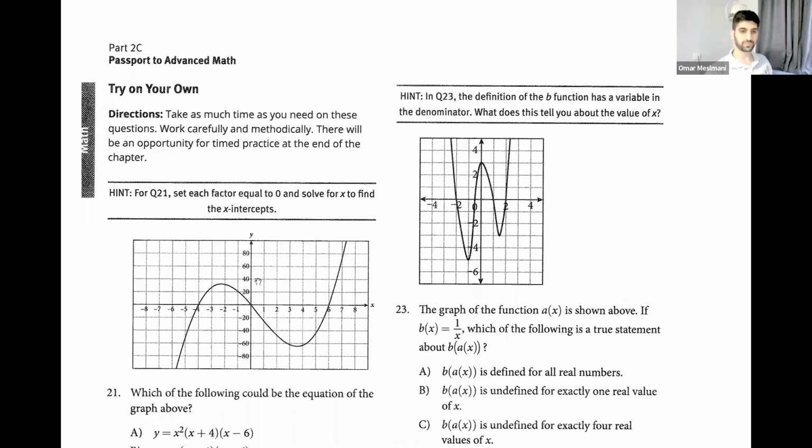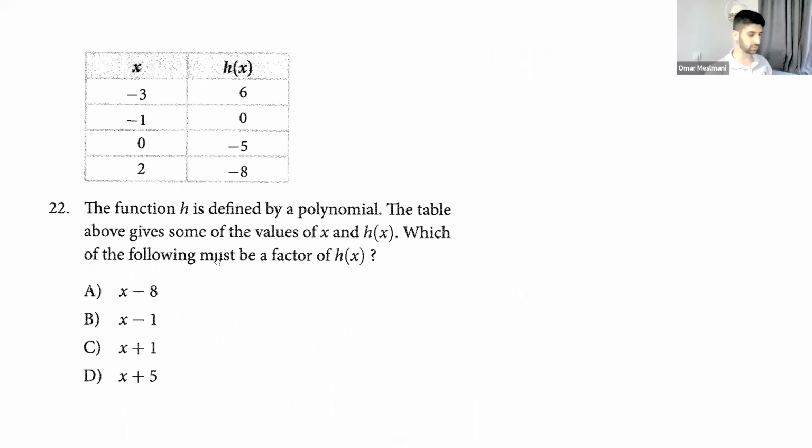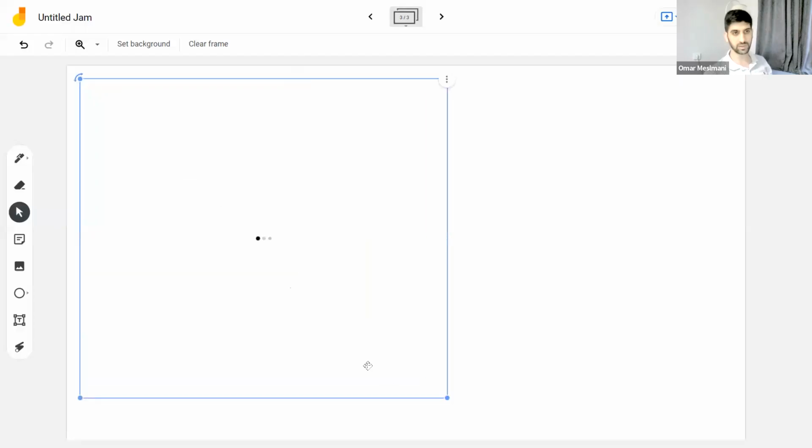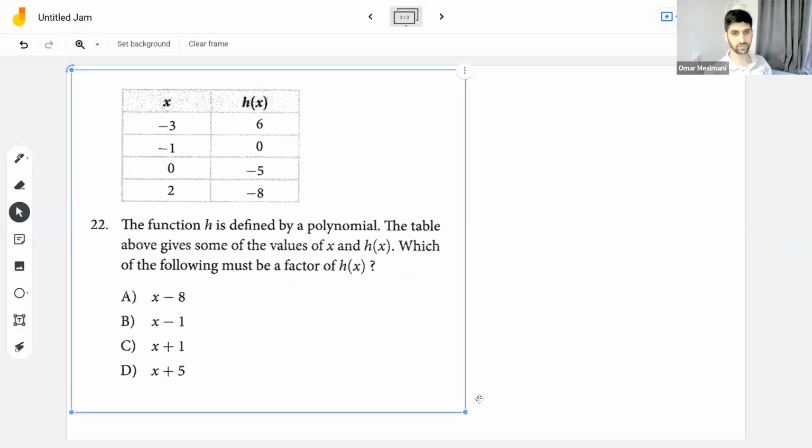Let's do this. We finished the idea of the zeros. It's an easy one. I'll take a minute for this. It's also easy. I explained this one during the homework.